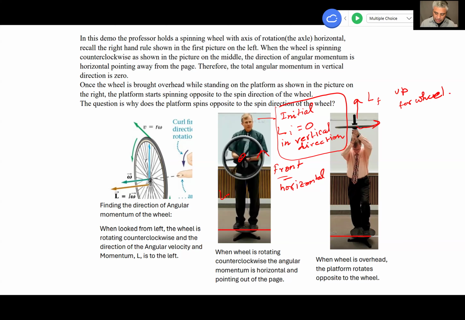Of course, I'm talking about the wheel here, okay? Now, initially, total angular momentum is 0 along the vertical direction.